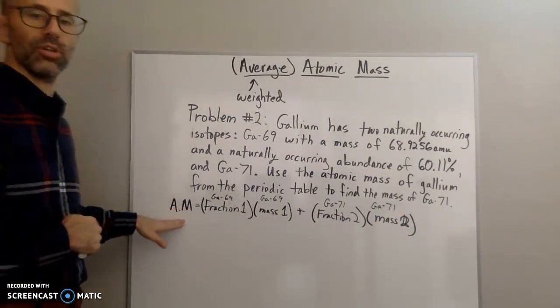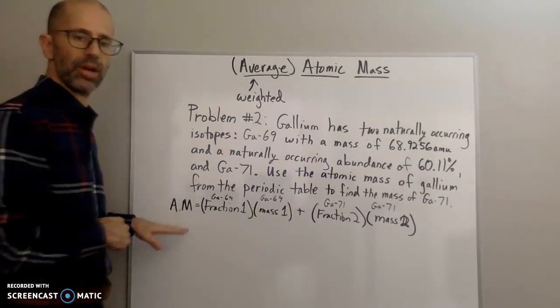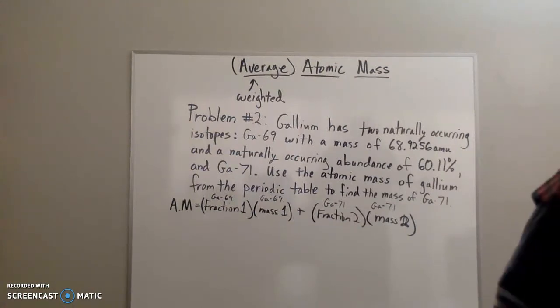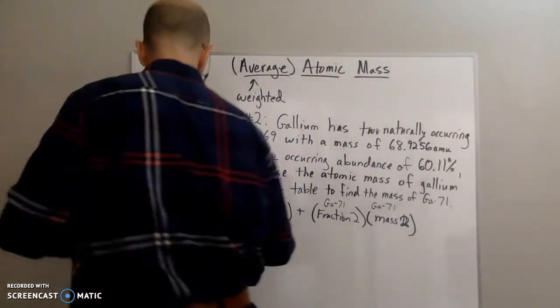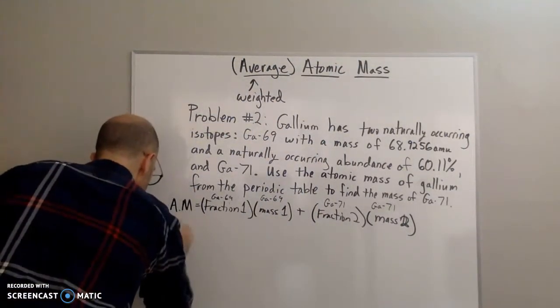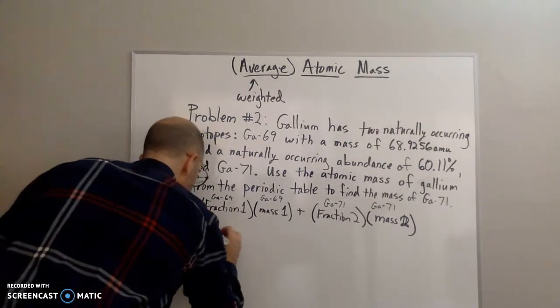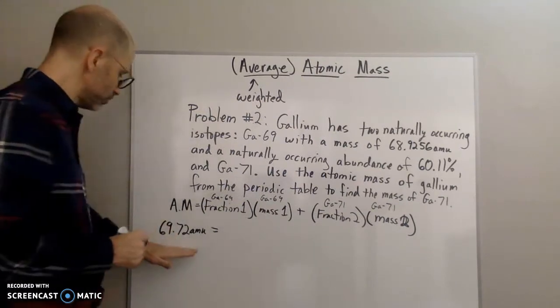Okay, so they're telling us to use the atomic mass from the periodic table for gallium. So let's go ahead and look that up. Where is gallium? There you are, 69.72 AMU from the periodic table.